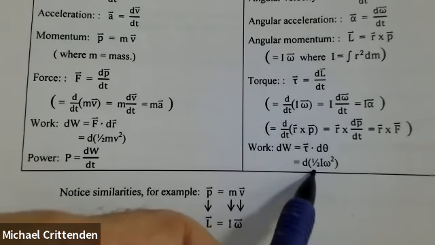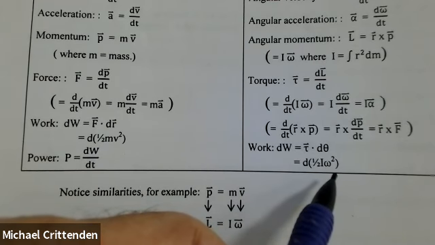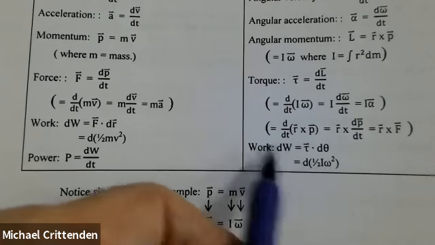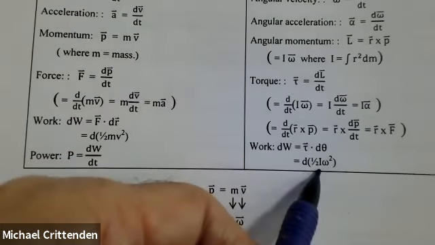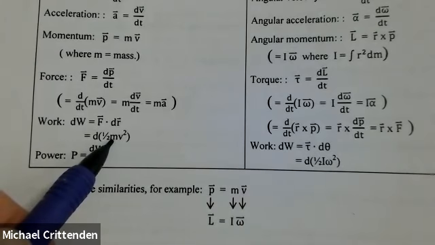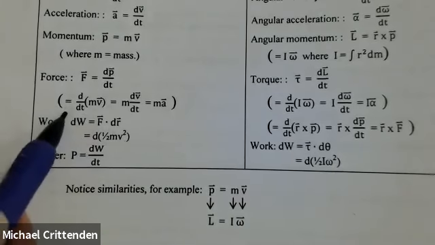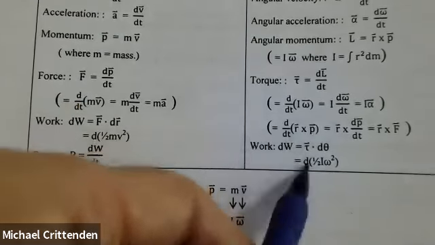This would be I omega d omega. It's a form of the work energy theorem. Oh, that's what I was thinking. Work equals the change in the kinetic energy, just like back over here, work equals the change in the kinetic energy. It's the work energy theorem for translational motion here, for rotational motion there.